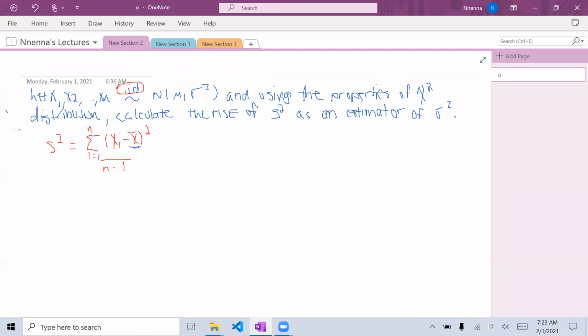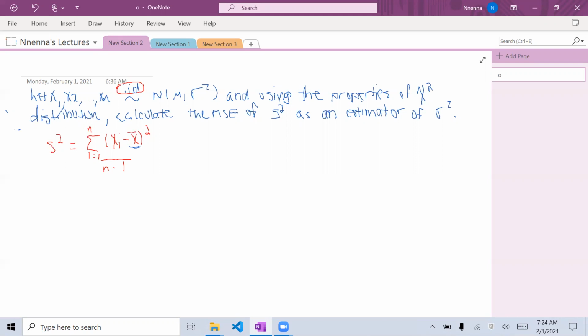It's distributed chi-squared with n minus 1 degrees of freedom, if I don't assume that mu is known. I don't think we were told in the question it's known, so I'm not going to assume it's known. So this means that we can express S squared as something that's distributed chi-squared with n minus 1 degrees of freedom.